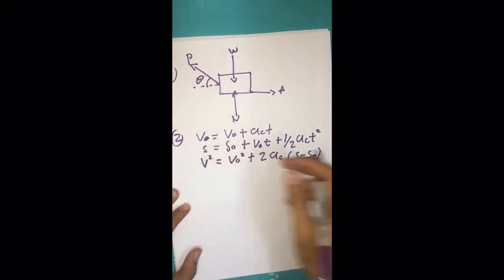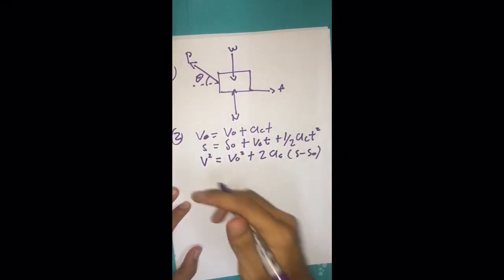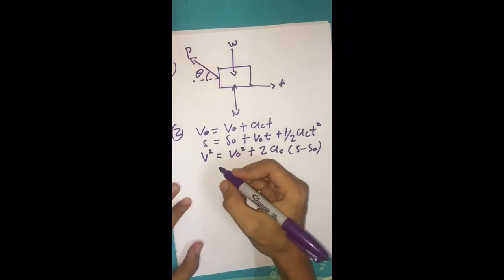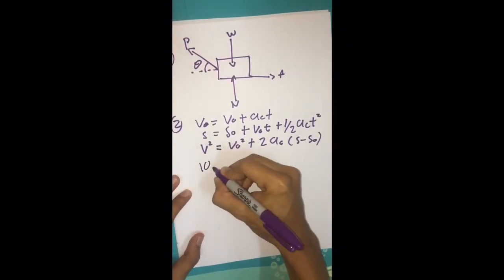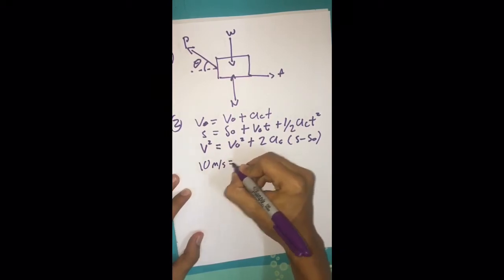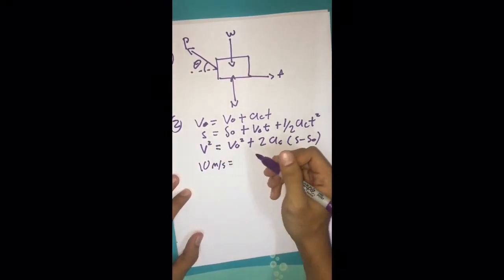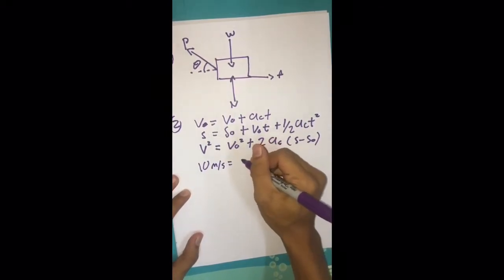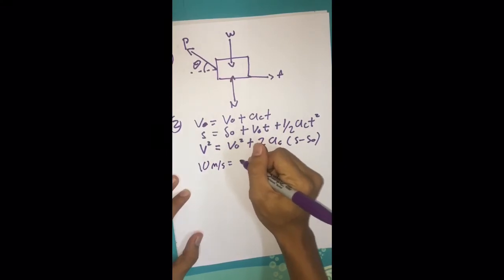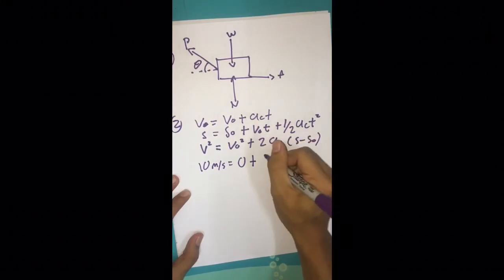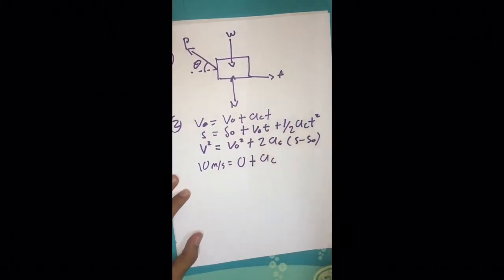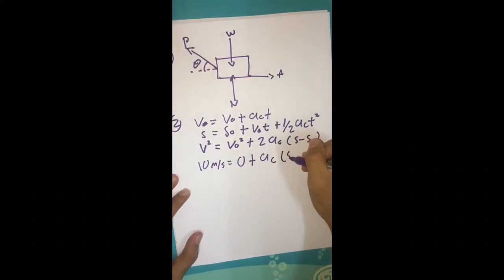In the question, it said the velocity is 10 meters per second, and V naught starts from rest, so V naught is 0. The acceleration we want to find, and the time is 5 seconds.